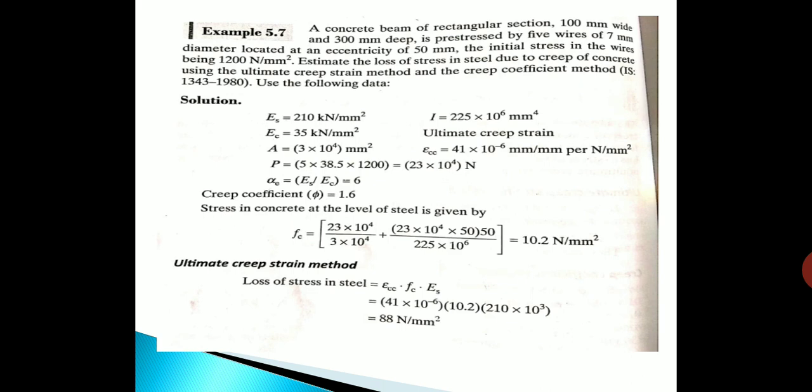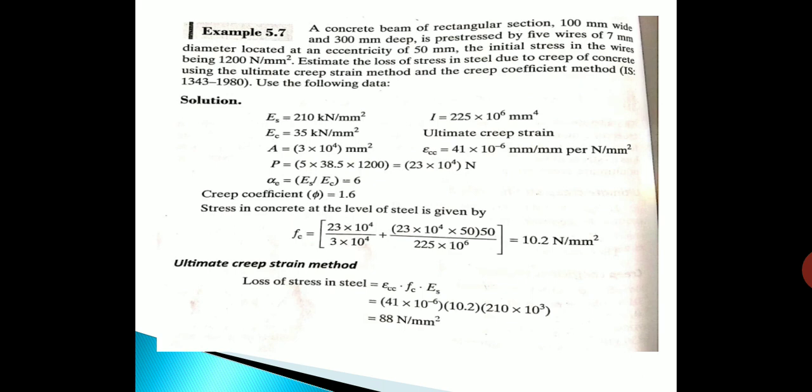Let's calculate I, which is BD cube by 12. Then the area is 300 into 100. Then epsilon cc is 41 into 10 raised to minus 6 mm per Newton per mm square.